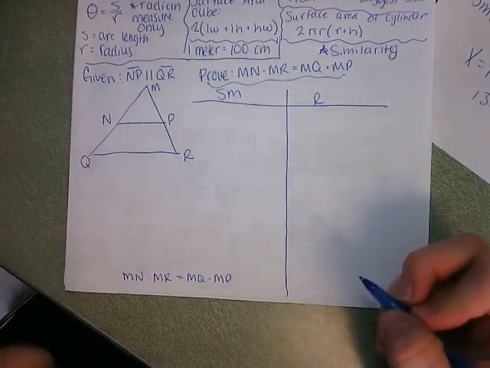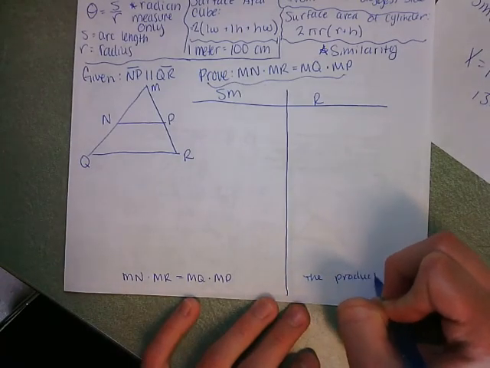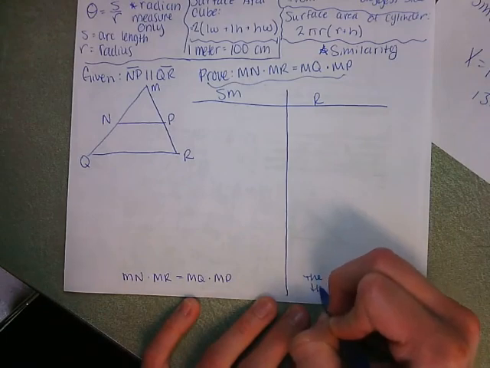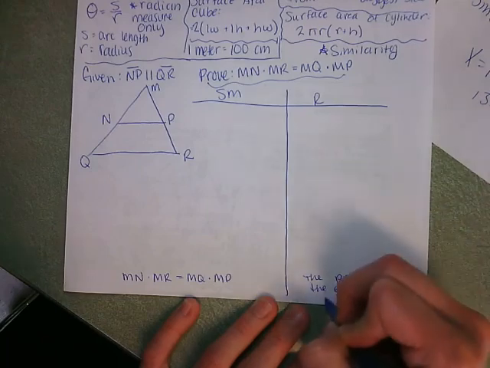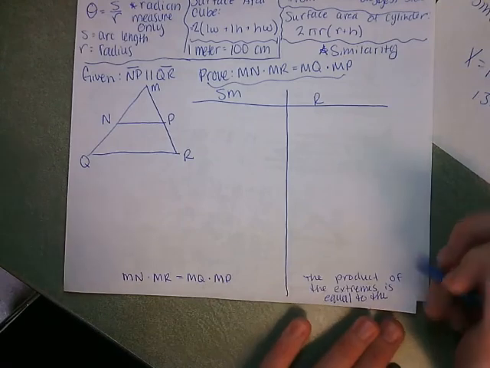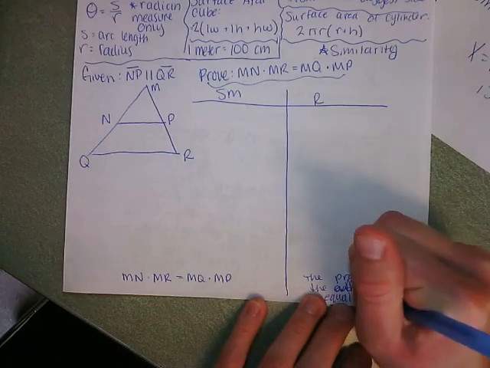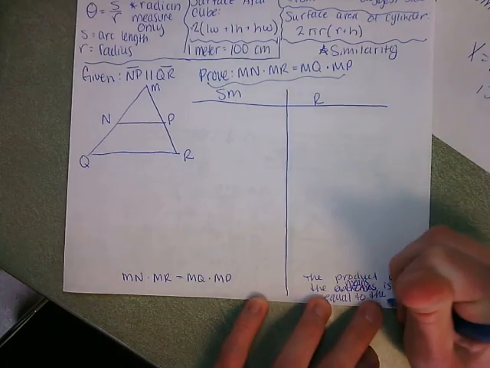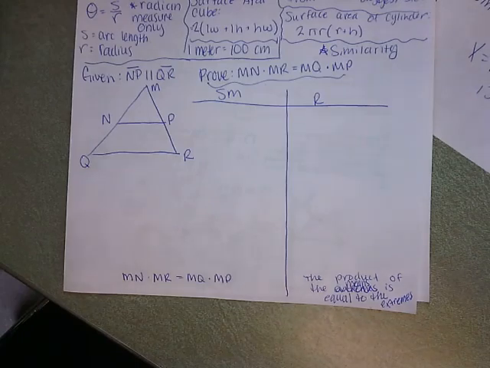So our reasoning for this is the product of the means is equal to the product of the extremes. Now, before we can even start, we have to figure out what types of triangles we have to prove similar.